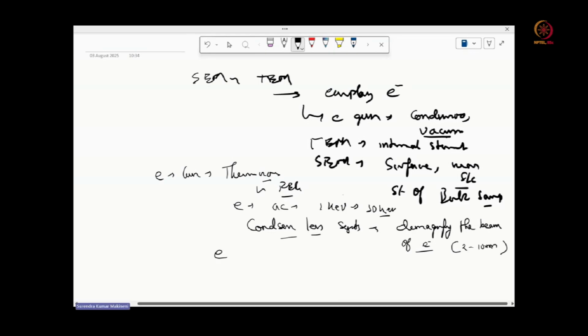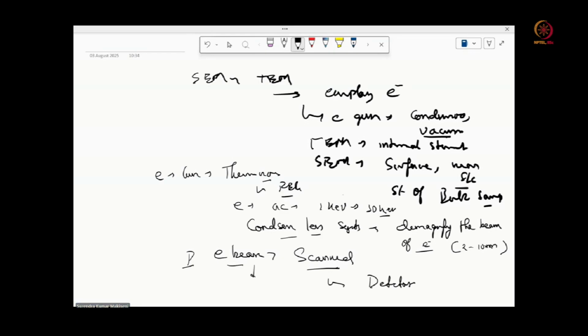In this, the electron beam is scanned across the specimen by the coils. While this primary electron beam scans the specimen surface, due to the interaction of the electron beam with the sample surface, there will be secondary electrons, backscattered electrons, and other radiations coming out. These secondary or backscattered electrons are detected by a detector. Usually it counts the number of electrons given off from each spot.